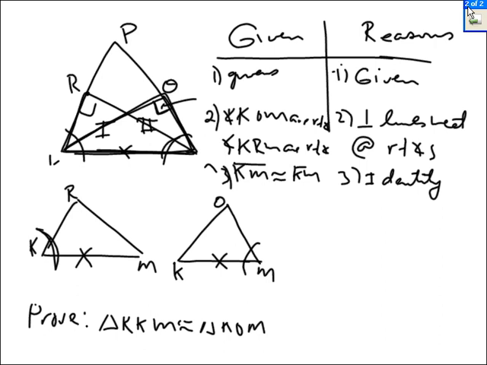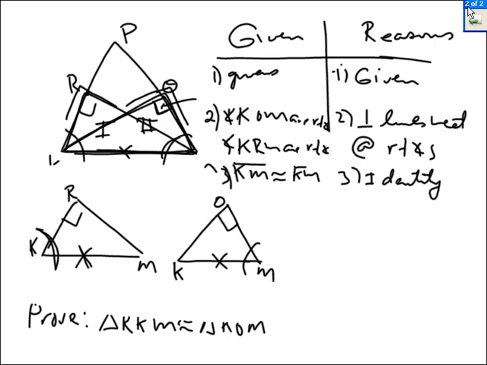And though my pictures may not look like it, KRM is the right angle. KOM is the right angle. Okay, now let's see.